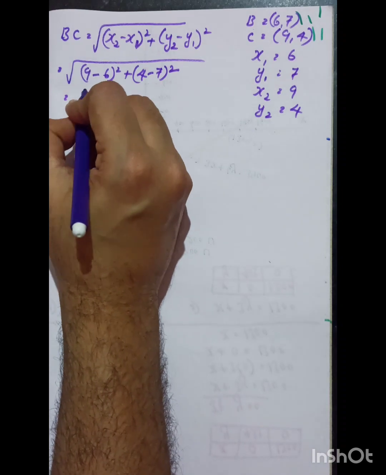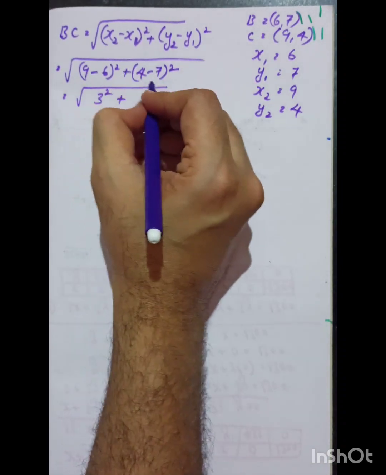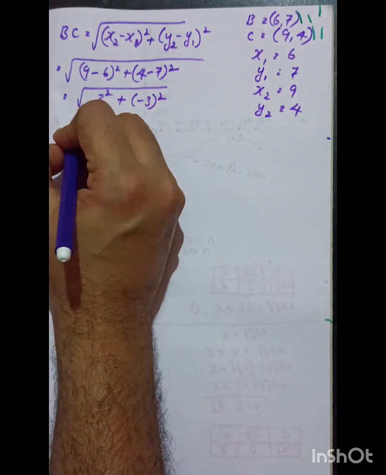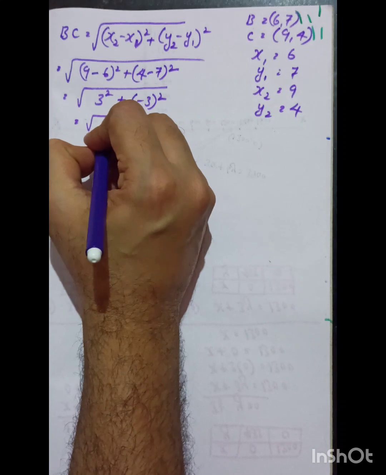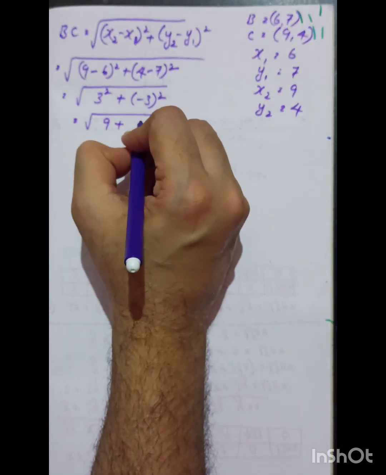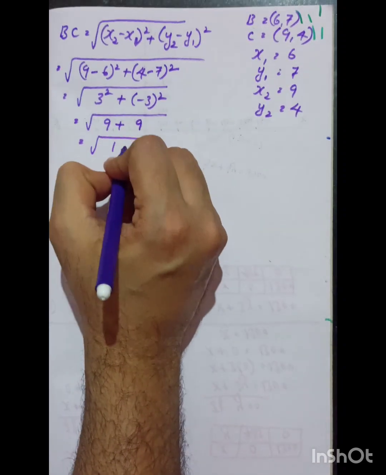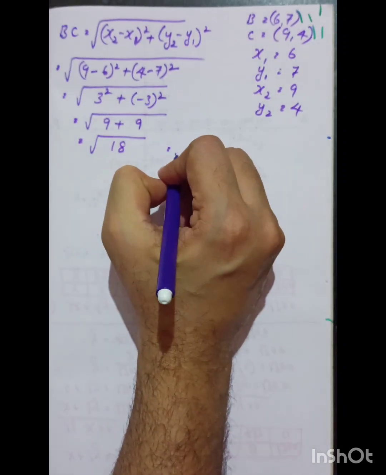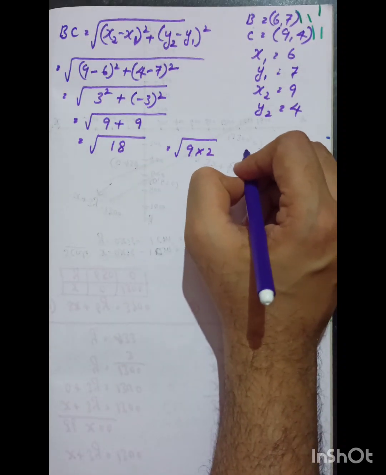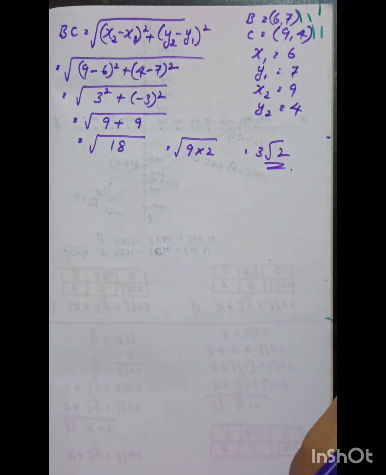Then 3 square plus 4 minus 7 means minus 3 whole square. 3 threes are 9, plus minus 3 into minus 3, that is 9. Again 9 plus 9, root 18. You can write it as 9 into 2. If we remove 9, it becomes 3 root 2. We got the answer for BC also.